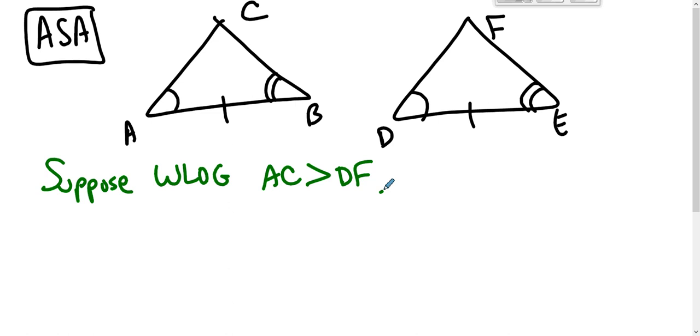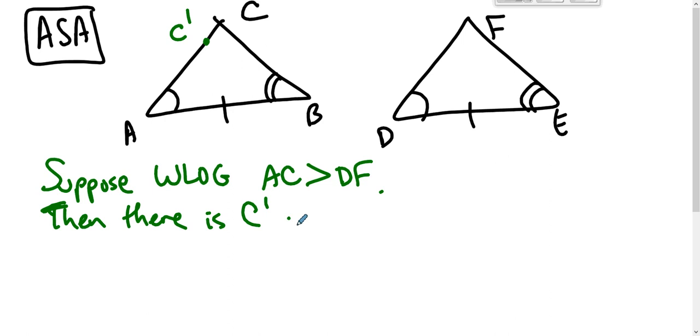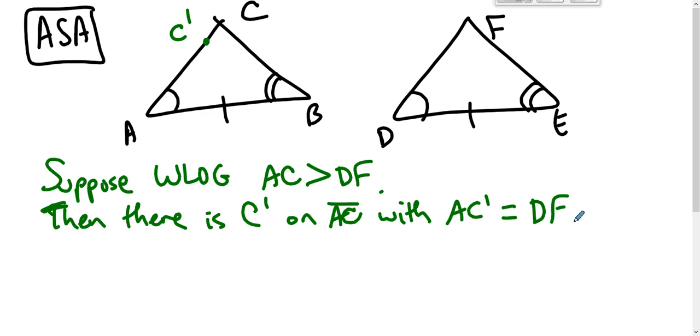The argument will be exactly the same if AC is less than DF. But if AC is longer than DF, then whatever this distance is between D and F, we can come over here and find a point C prime. Then there is a C prime on AC with AC prime equal to DF.